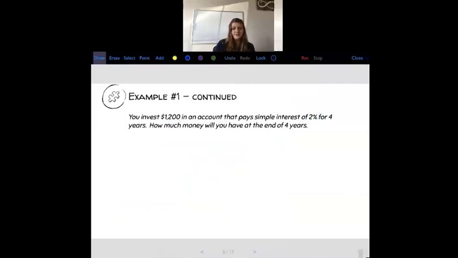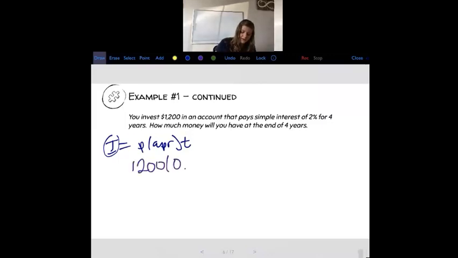Next, if we use the interest formula, notice I stands for interest, it only gives us the amount of interest that will accrue. When we're plugging in our values, the principal is 1,200, our APR is 0.02, and our time is 4 years. You could plug this into your calculator to get 96.